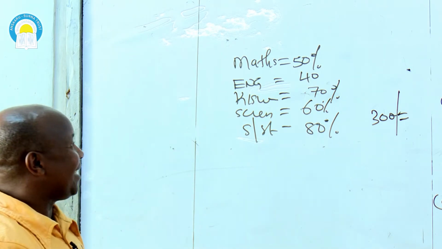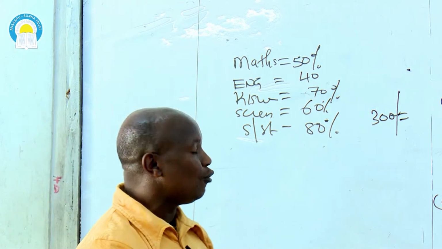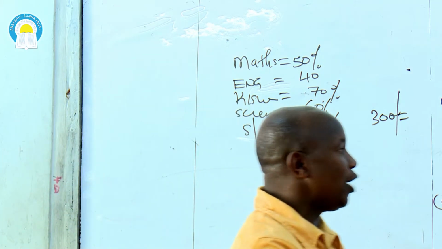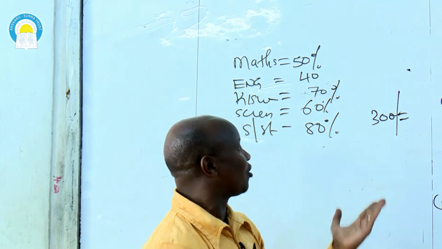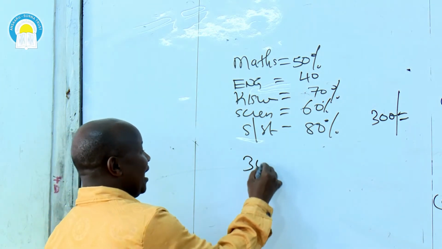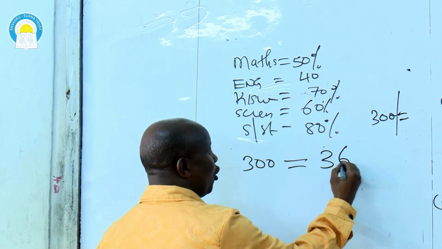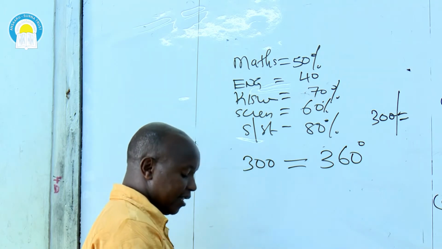Now, if a pie chart was to be drawn, what angle represents mathematics? I've told you, you must reach somewhere where you equate. If the total marks of Abdi is 300, that means 300 marks is equivalent to a total of 360 degrees. Why?